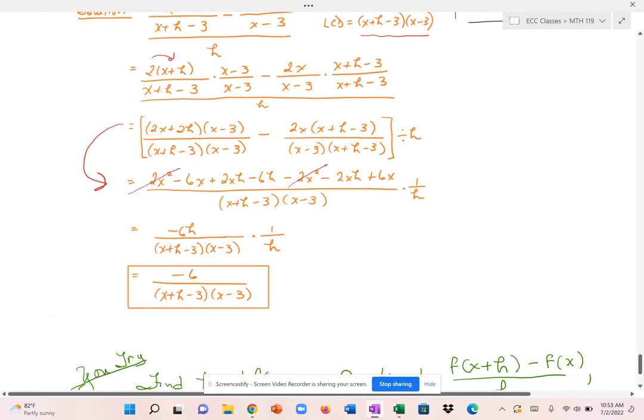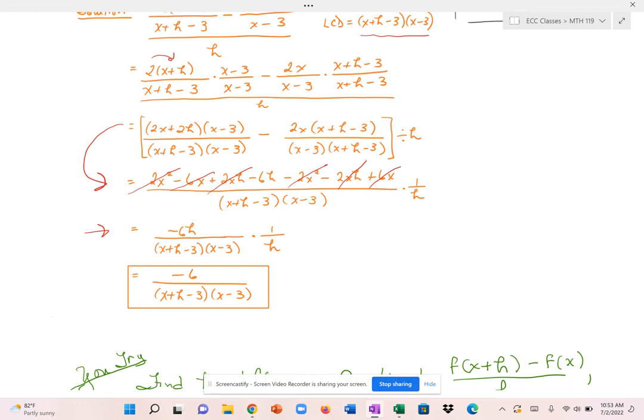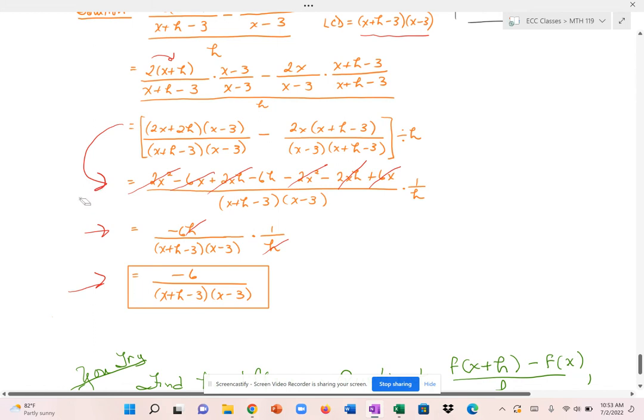So these 2x squareds cancel, the 6x's cancel, the 2xh's cancel. So I'm really just left with negative 6h over x plus h minus 3 times x minus 3 times 1 over h. But now that h cancels with that h. And so my difference quotient is negative 6 over x plus h minus 3 times x minus 3.